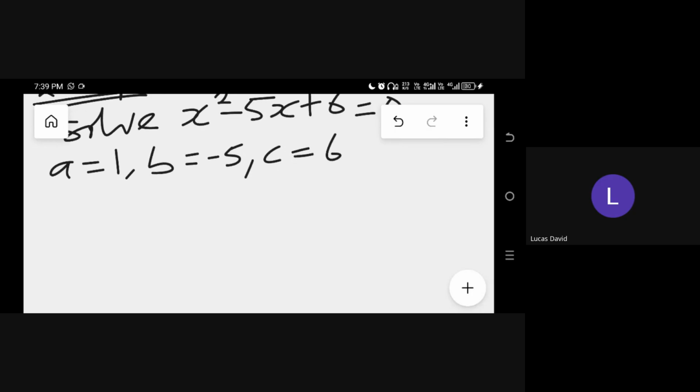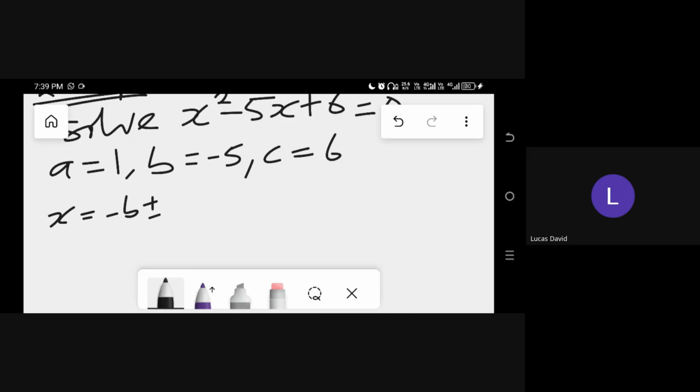Now, after having the A, B, and C, the next step is that we'll have to substitute these values into the formula that you are using. The formula says S is equals to minus B plus or minus square root of B squared minus 4AC over 2A.